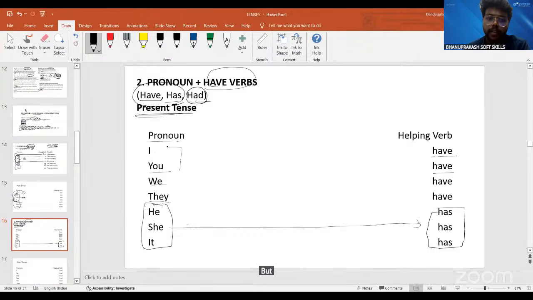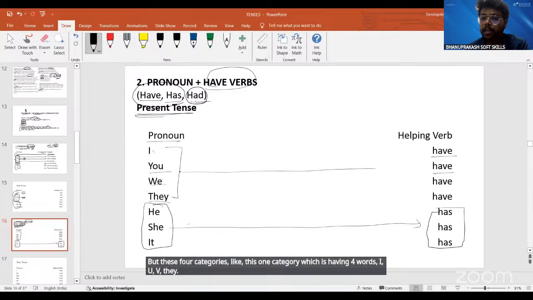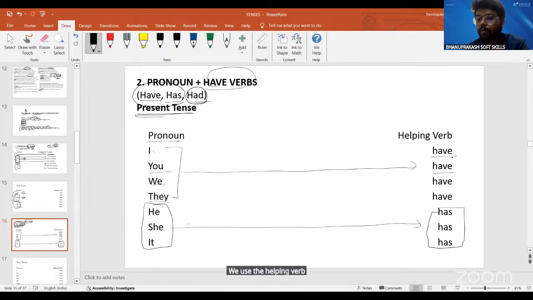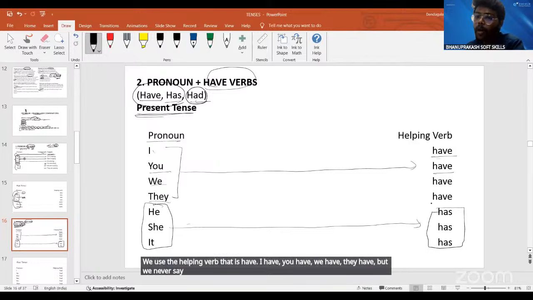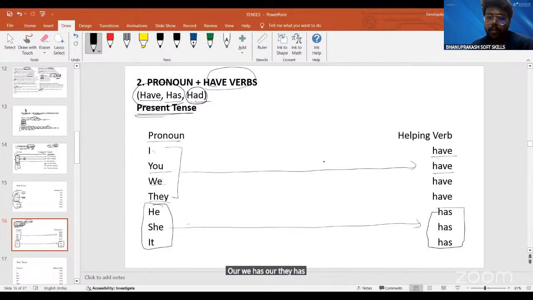But for this one category, which has four words, I, you, we, they, we use the helping verb have. I have, you have, we have, they have. But we never say I has or you has or we has or they has. Okay, this is wrong.